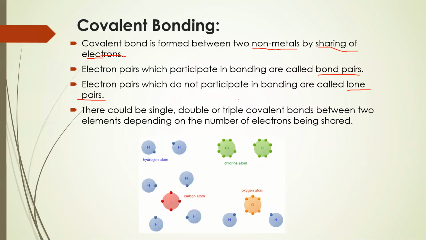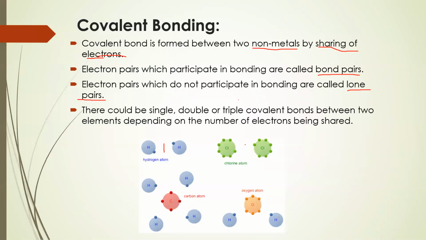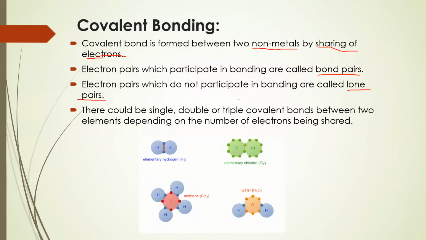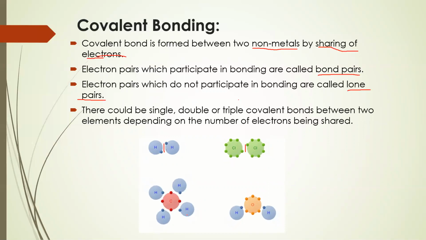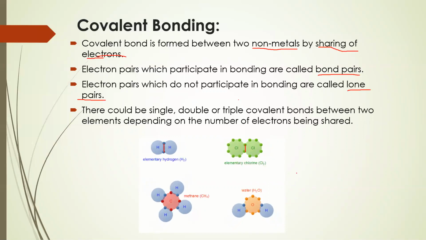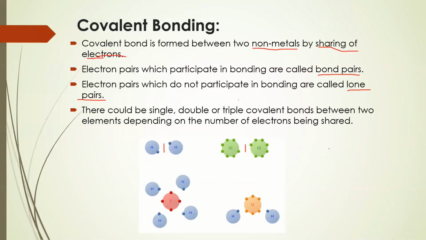For example, in hydrogen, you can see we have a single covalent bond. Even in chlorine, methane and water, we have single covalent bonds. So where can we see the double covalent bond?